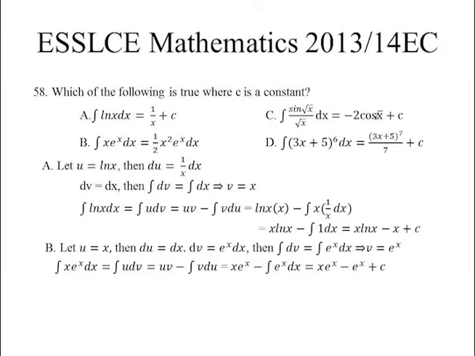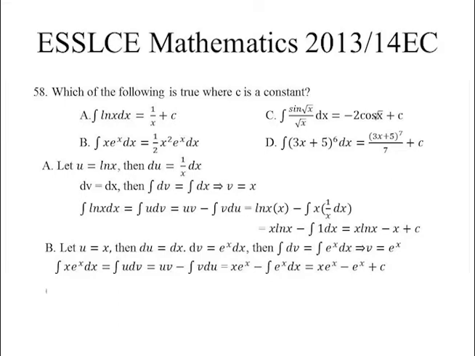Choice C, integral of sine root x dx over radical x is equal to negative 2 cos root x plus c. For choice C, integration by substitution is appropriate because root x in the denominator is related to the derivative of the expression in the sine function, that is root x.